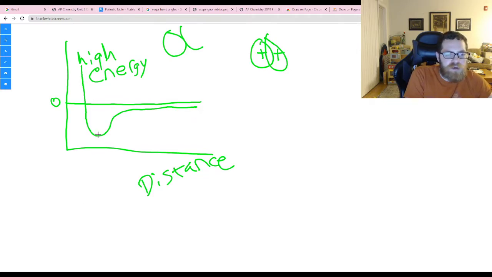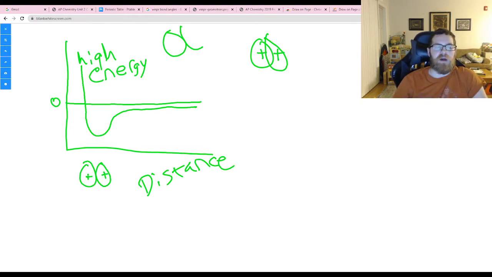This is our low energy. This is our actual molecule. And that is where you will find any given bond on a molecule, right? Its most stable point. It's just enough distance that the nuclei aren't repelling each other. But the electrons are still forming a bond together.